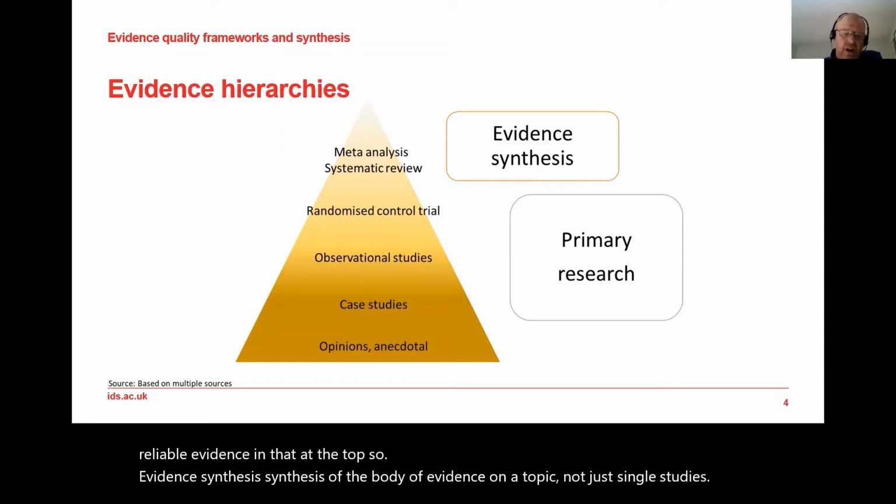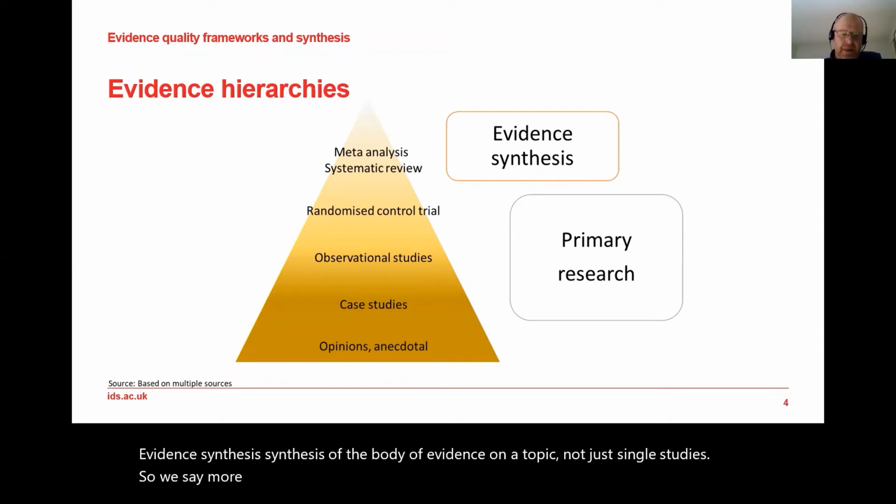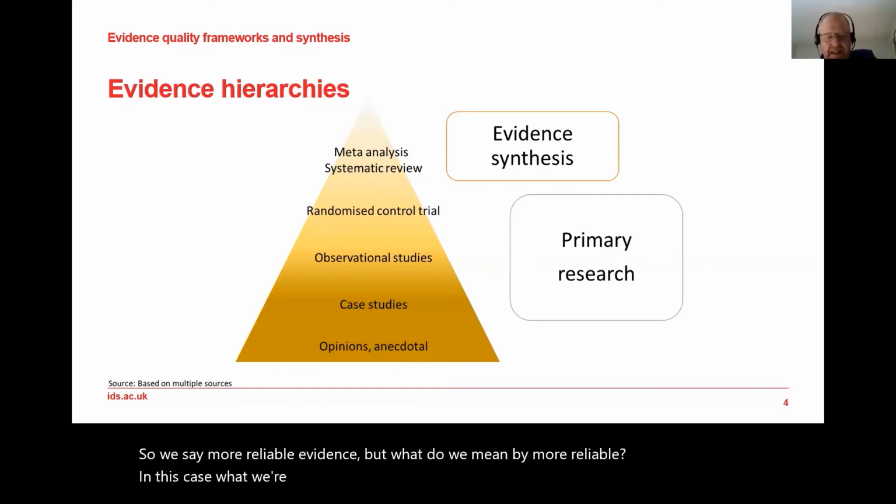So we say more reliable evidence, but what do we mean by more reliable? Well, in this case, what we're talking about is the extent to which the study design eliminates bias, eliminates error from creeping into the results.